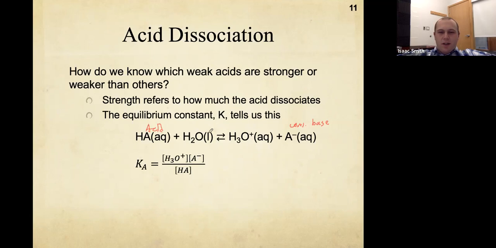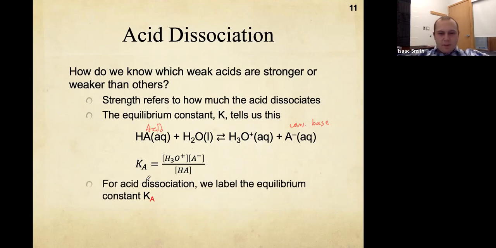We exclude water here because it's a liquid, right? And so it's excluded from the equilibrium constant expression. Before we've used Kc, this is going to be Ka. It's kind of the same thing. It's just applied to the acid, so we use an A here to say that. So it's called Ka.